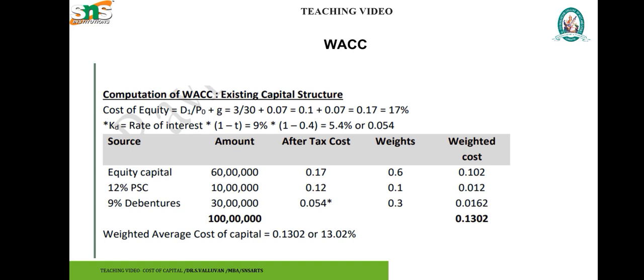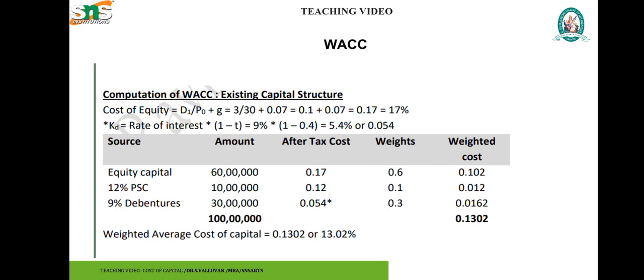Then we give the weightage to the capital structure. Out of 100%, what is the proportion of equity, debt and preference share capital? So 60% of capital is occupied by the equity share, that is common shares, 10% preference shares, and 30% debt funds.